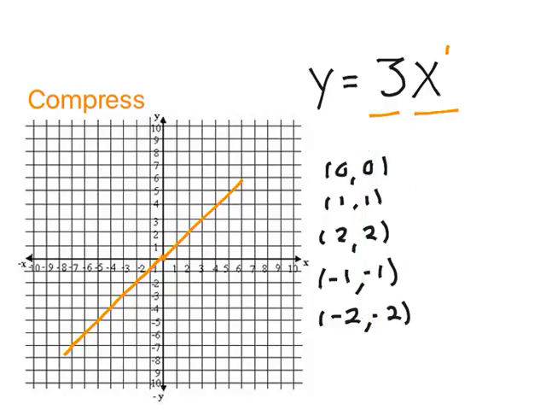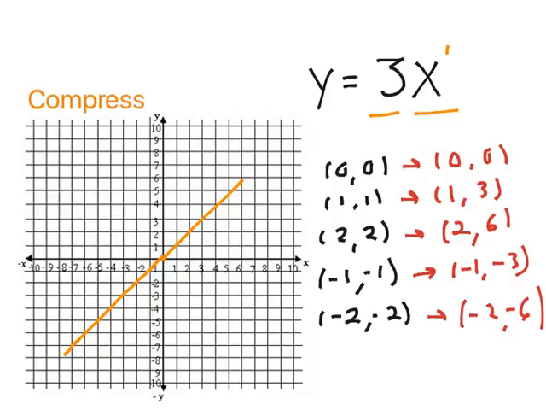Just like this. 3 times 0, we have 0. 3 times 1, we have 3. 3 times 2 equals 6. 3 times minus 1 equals minus 3. And 3 times minus 2 equals minus 6. And now, we'll just have to sketch our coordinates. And as we match the points, we can see how our line is stretched now. The next type of transformation is mirror.